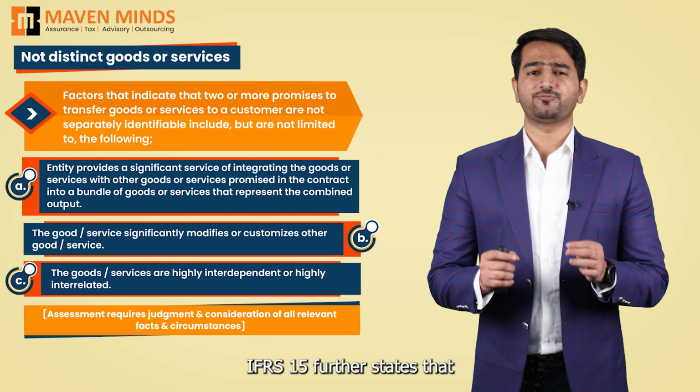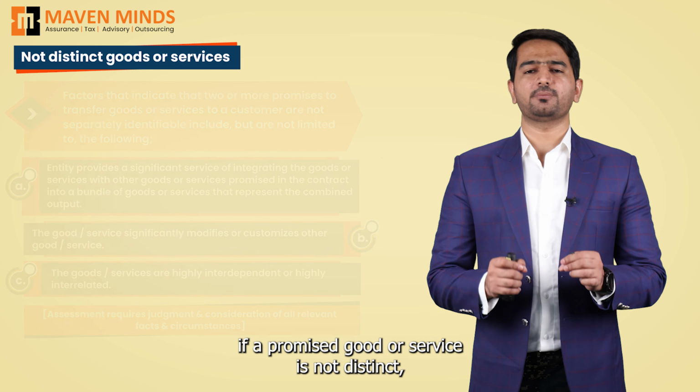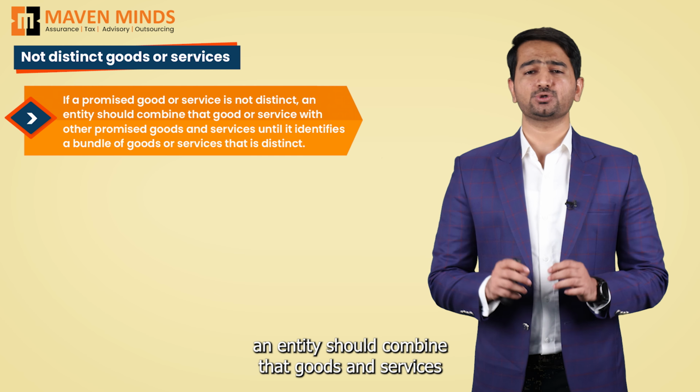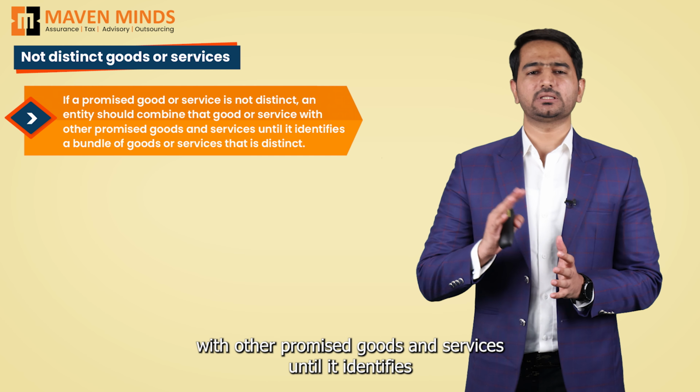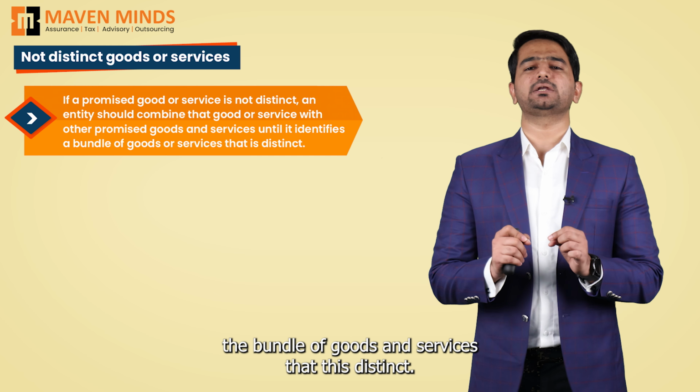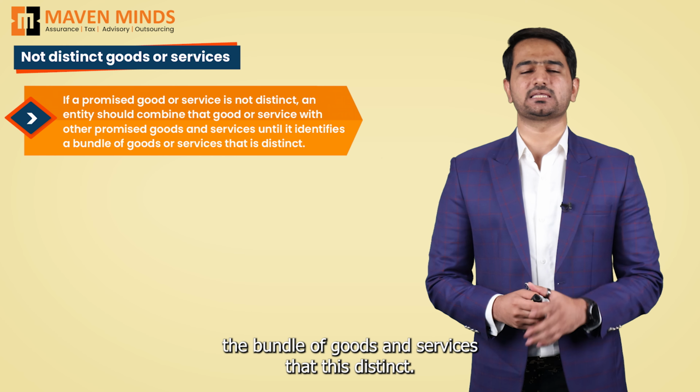IFRS 15 further states that if a promised good or service is not distinct, an entity should combine that good or service with other promised goods and services until it identifies a bundle of goods and services that is distinct.